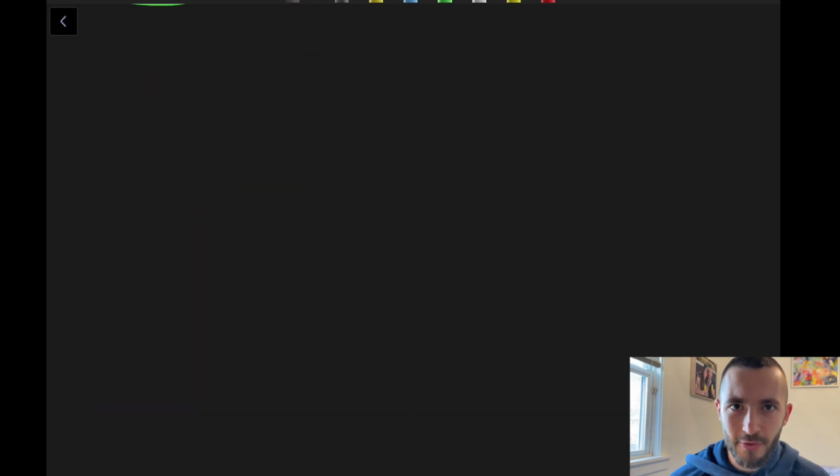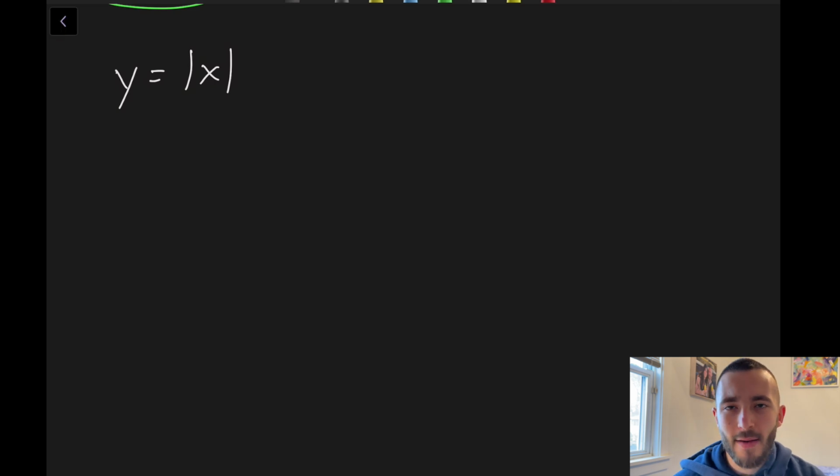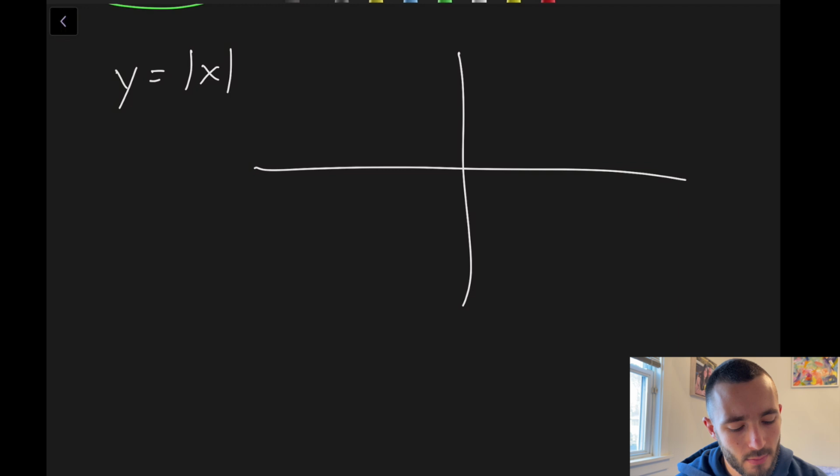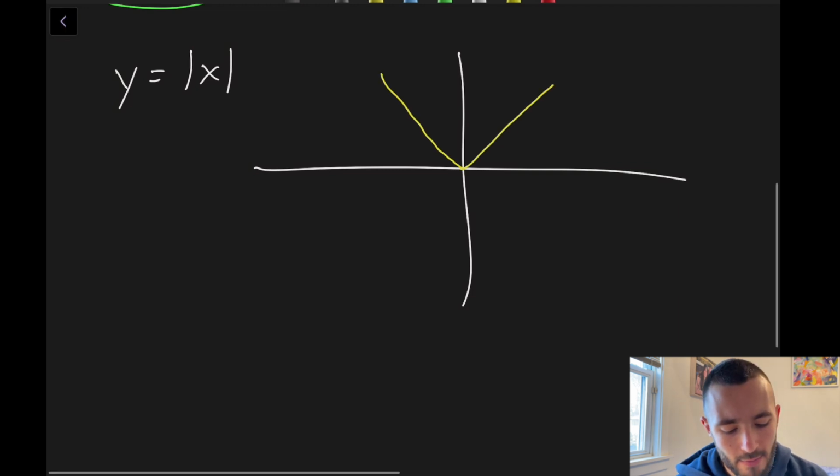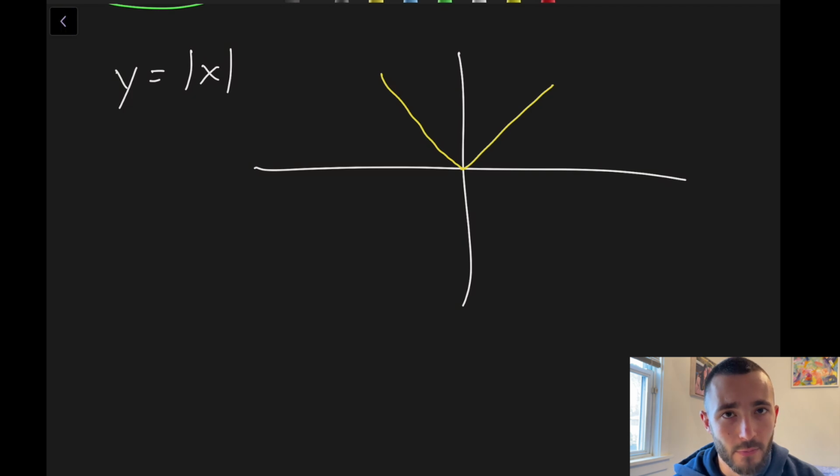Okay, topic number 2, I want to talk about how you graph absolute value functions. The graph of y equals the absolute value of x is going to look like a V, just like this. Let's talk about a few points on this graph real quick to explain this result.